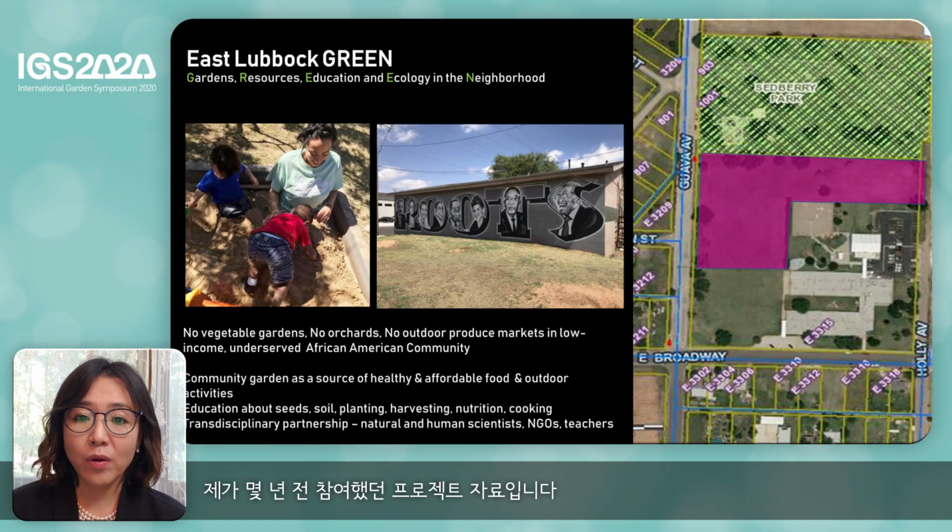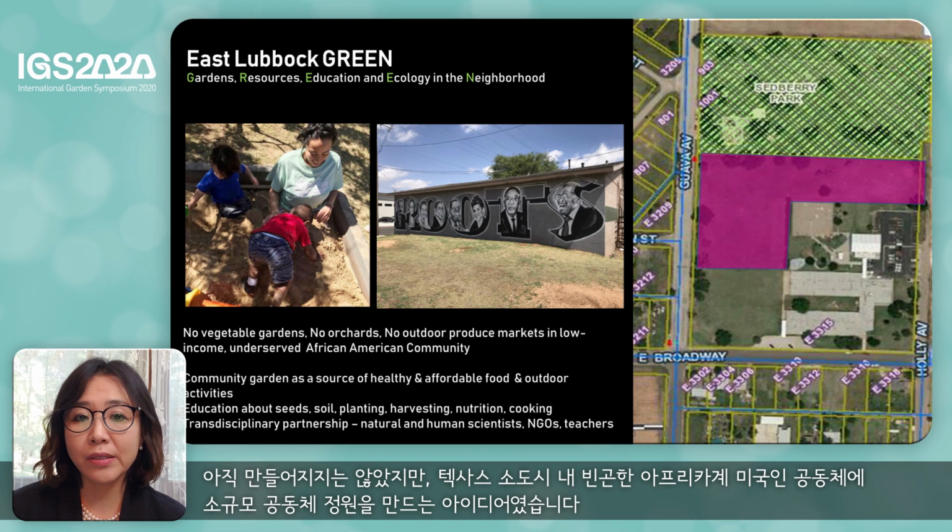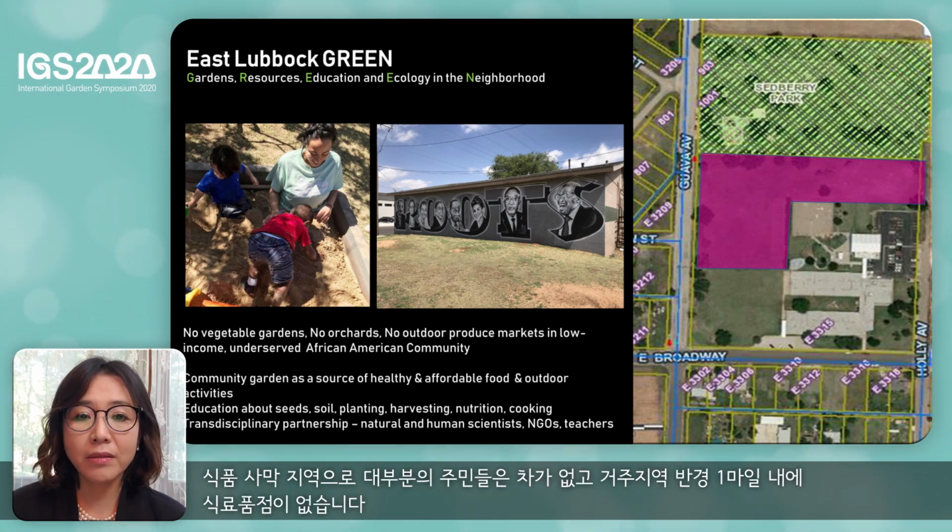Here's a project that I was involved in several years ago. It's not built yet, but the idea was to create a small community garden in a very poor African American community in a small city in Texas. It's a food desert area. Most of them don't have a car and no grocery stores within a 1 mile radius from where they live.